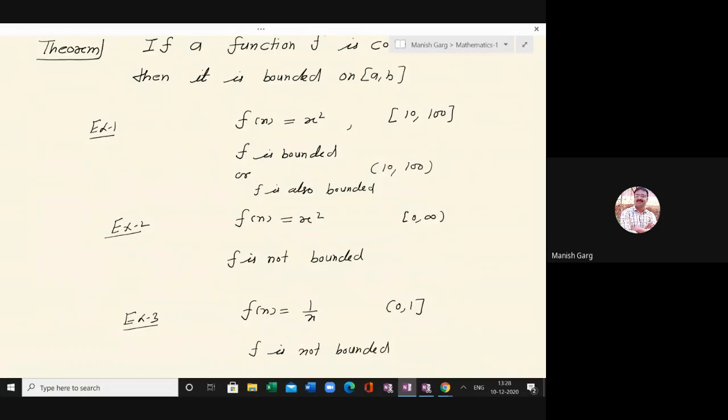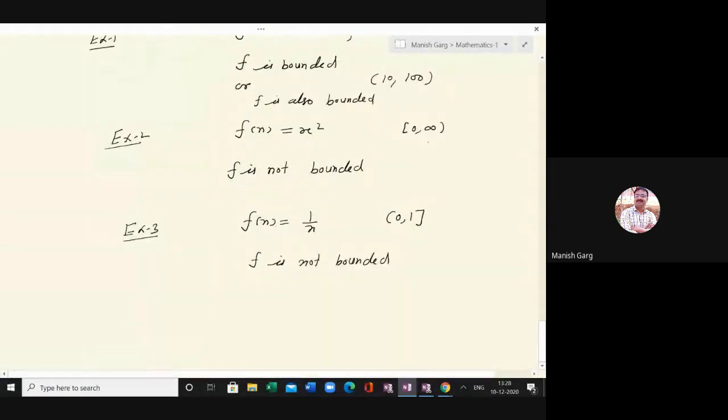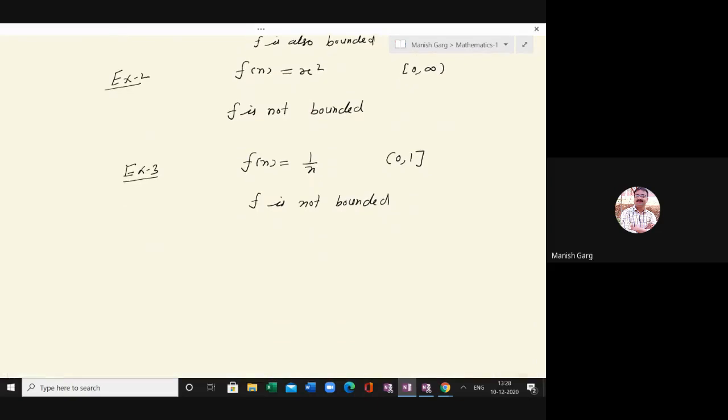It depends upon the function. You can see 10 to 100 in open interval, it is still bounded. But here f(x) = x square, you are taking semi-open 0 to infinity, not closed. It is not bounded, even though it is continuous. Third example, f = 1 upon x is also continuous in the semi-open interval (0, 1), but it is not bounded. So may or may not.